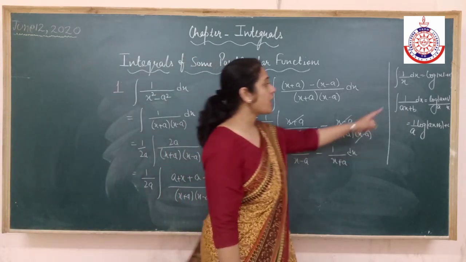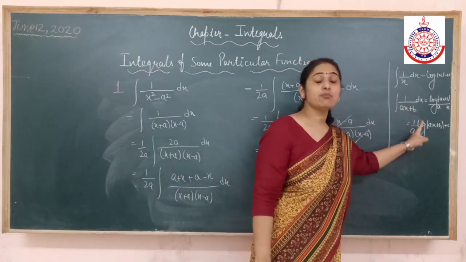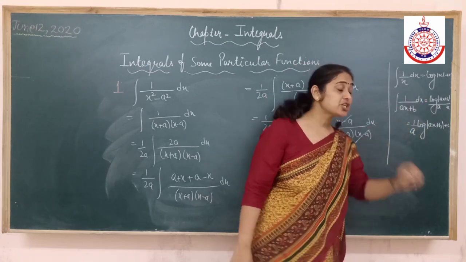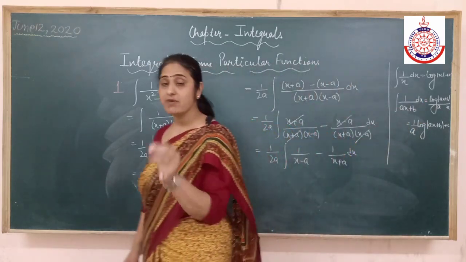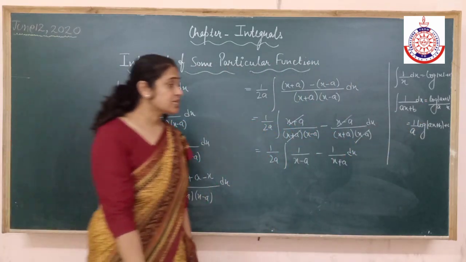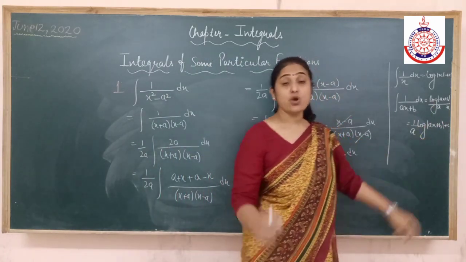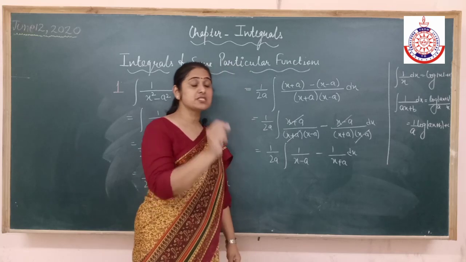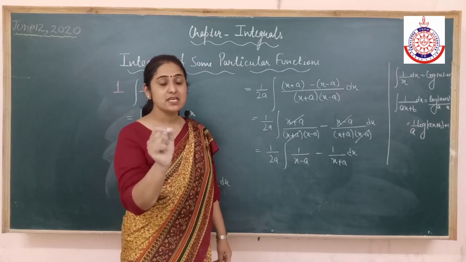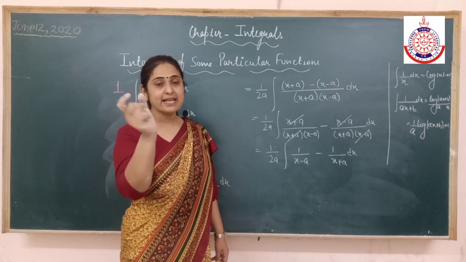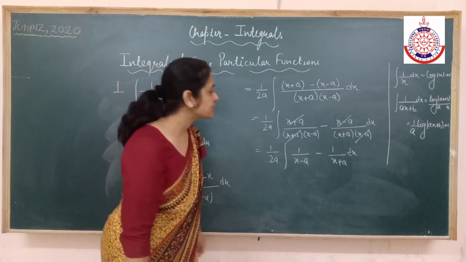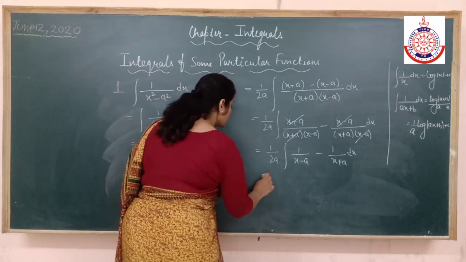Whenever it is 1 upon a linear factor, integration is always log of that factor, but in division comes the coefficient of x. If suppose it is 1 upon 2 minus x, so log of 2 minus x, and the x coefficient is minus 1, that will come in the denominator. Alright, so now integrate.